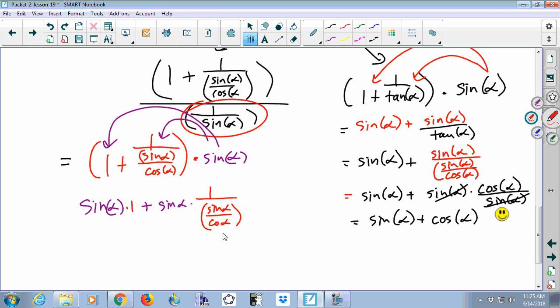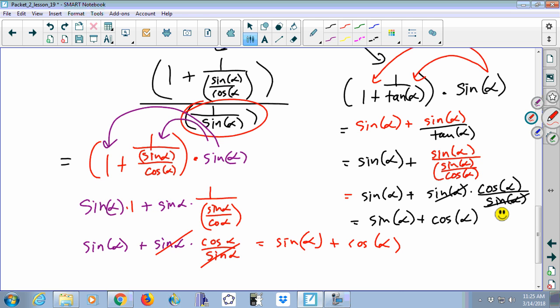It just takes the reciprocal. So all I have to do is invert this. So that becomes sine alpha plus sine alpha times, flip it, cosine alpha over sine alpha. Does sine alpha over sine alpha cancel? And voila, you have sine alpha plus cosine alpha.